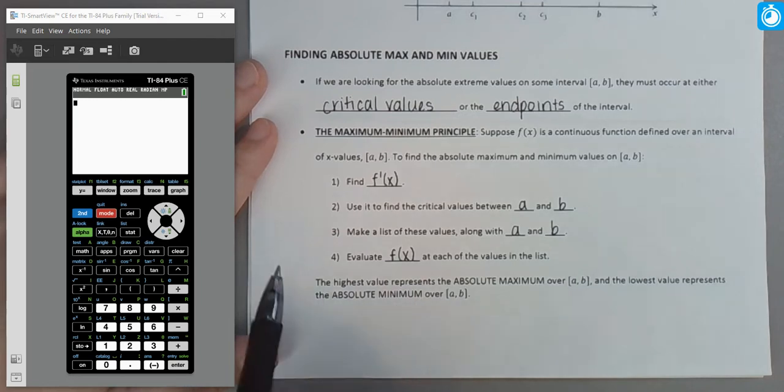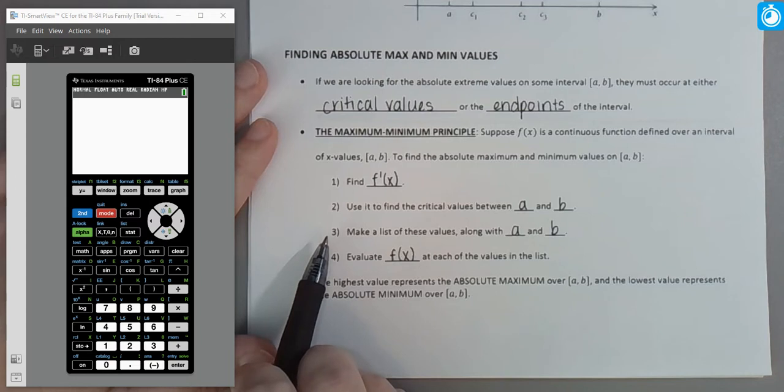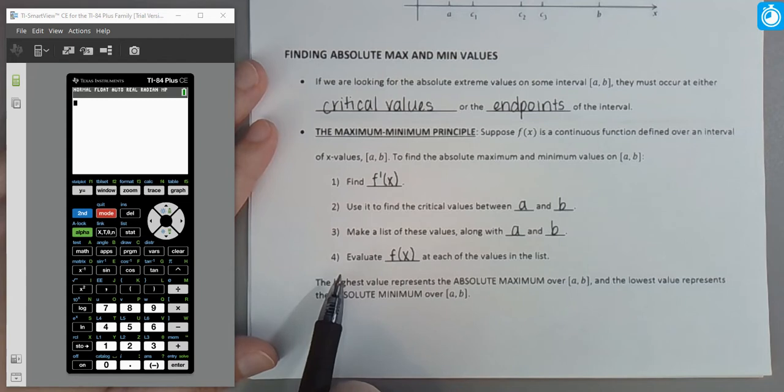So essentially the idea is we're making a list of all the possible locations where we could have an absolute maximum and we could have an absolute minimum. In order to determine which ends up being our maximum, our minimum, or specifically the location for that, we plug it into the function and we just look for the highest and the lowest value.